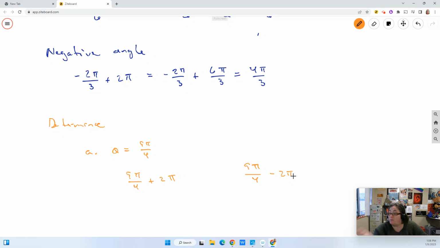Now, for the one where we're adding 2 pi to an already positive angle, you have to think about how a circle works. You're going to get something that's bigger than 2 pi.